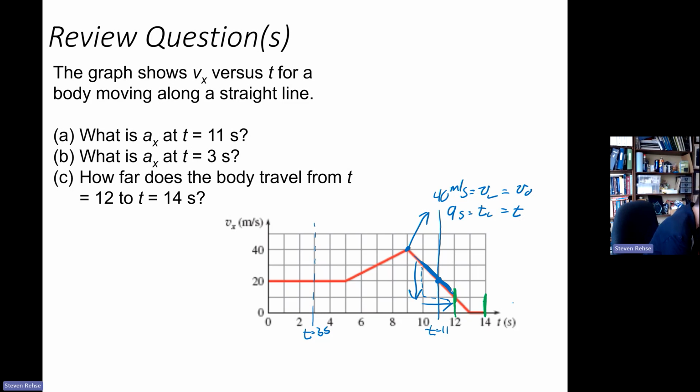And then I need another point. I'm allowed to pick an easy point, and any point on that straight line will do it. So I'm going to pick this point right here. Why am I going to do that? Because at this point, it says v final equals 0, or just v. T final equals 13 seconds.